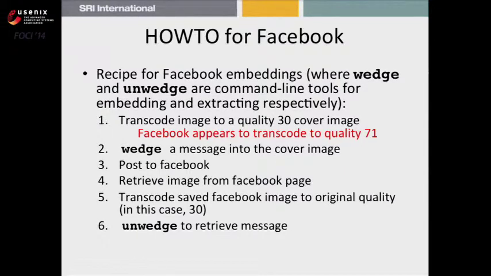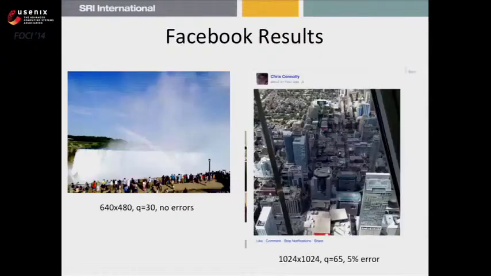So we take an image, we embed using a command line utility wedge with length as a shared secret and a pseudorandom number generator seed also as a shared secret. Post the embedded image in Facebook, then retrieve the image from the Facebook page, transcode it back to the original quality, and then unwedge to retrieve the message.